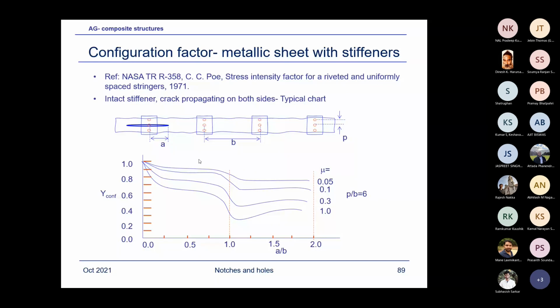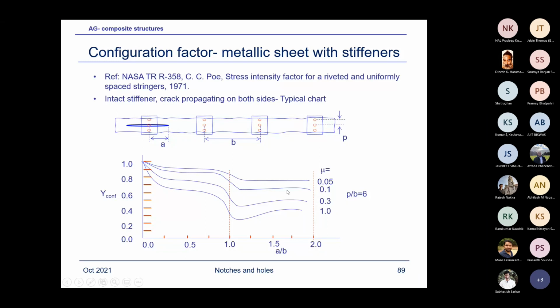But that reduction is reduced as it approaches near the stiffener, because the stiffener tries to take the load away from the reduction by the crack.